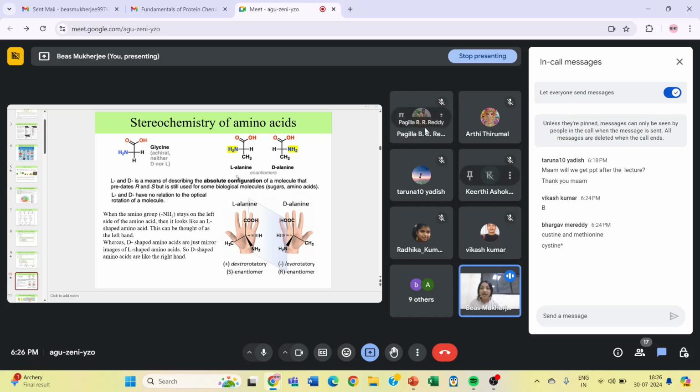So now we have L-alanine and D-alanine. What is this capital L and capital D? A lot of people have confusion regarding this.